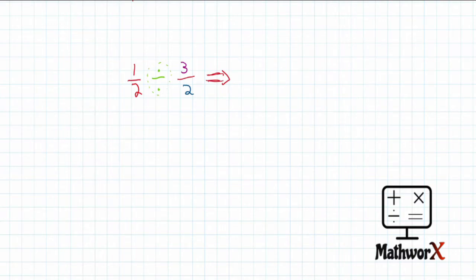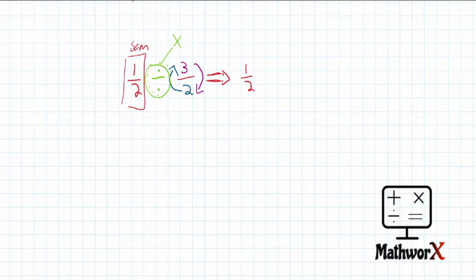So 1/2 divided by 3 over 2 is going to be the same as 1/2. So this part remains the same, except here we're going to take the 3 from the numerator to the denominator and the 2 from the denominator to the numerator, and we're going to change this divide into a times.